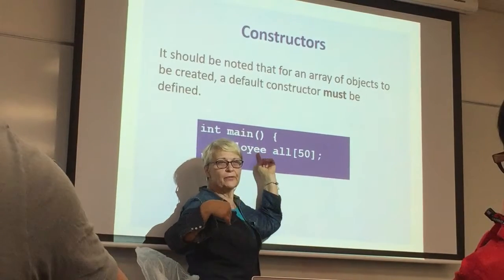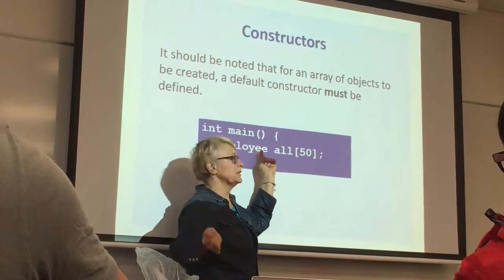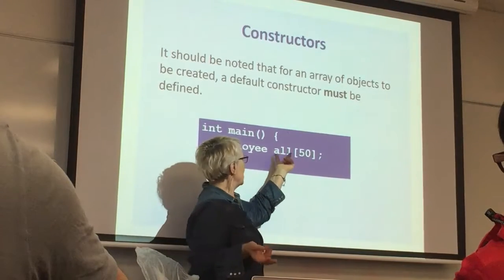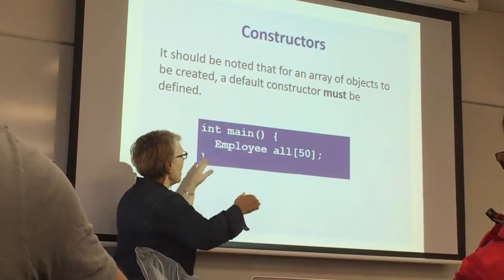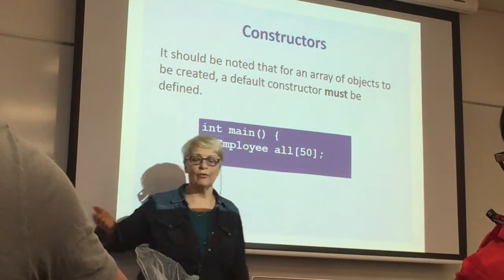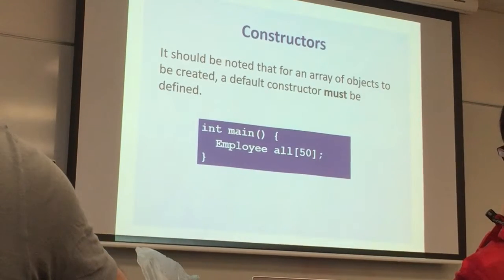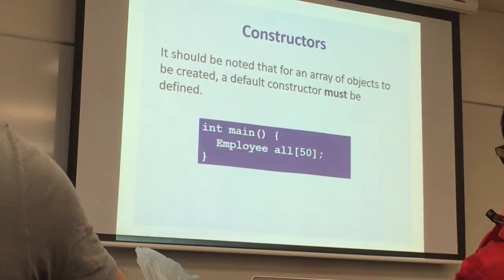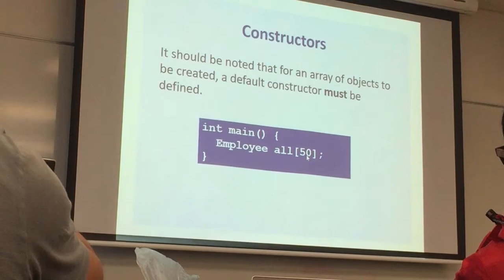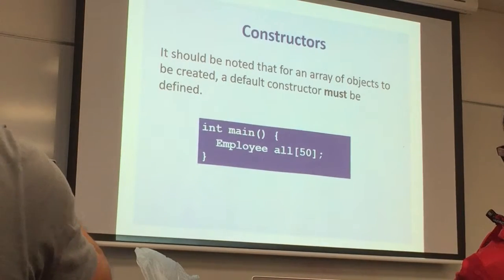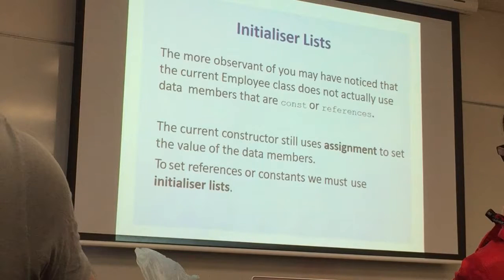Global variables, static variables are initialized, and array elements. So, to allow for this construction of an array of employees, the default constructor has to be provided, because all elements here will be initialized with a default constructor when people use that stuff.